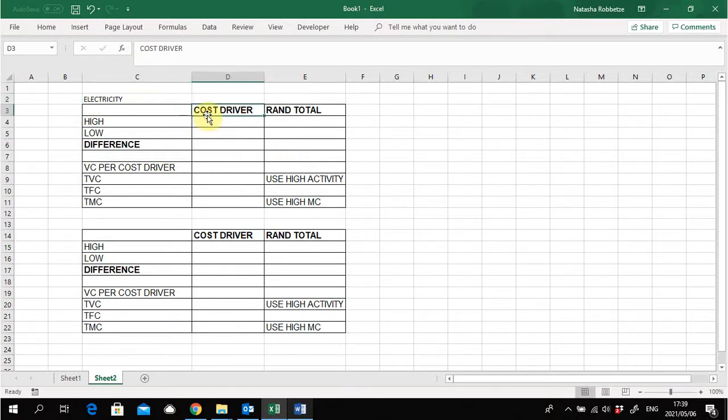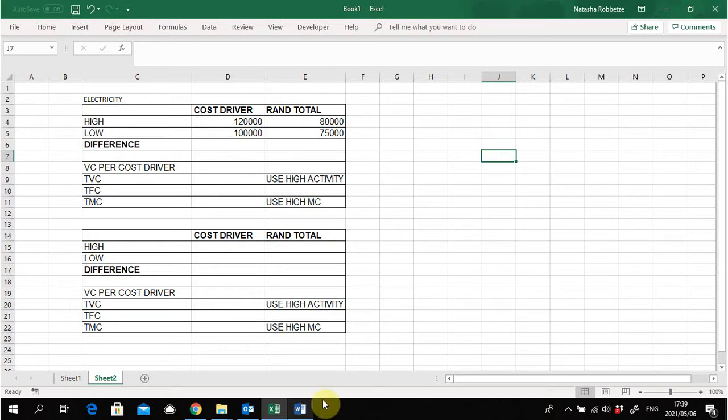The highest cost driver for electricity was the 120,000 kilograms, and the lower cost driver of the budget levels were 100,000 kilograms. Then the rand totals that went with the highest budget was for electricity 80,000, and for the 100,000 kilograms it was 75,000.